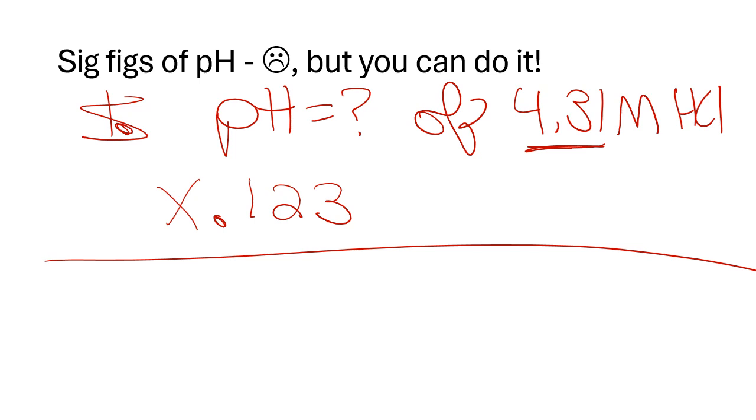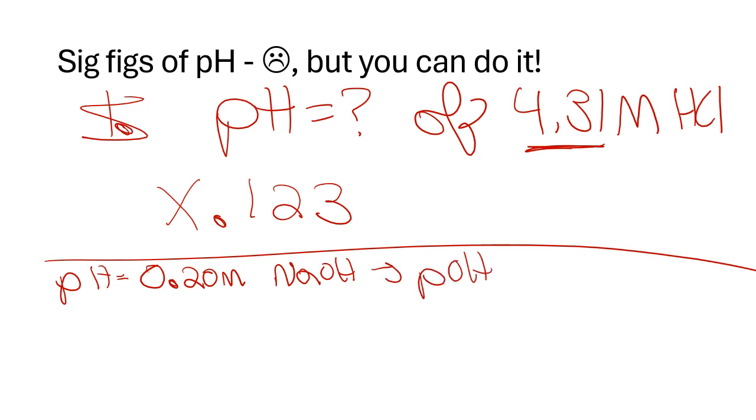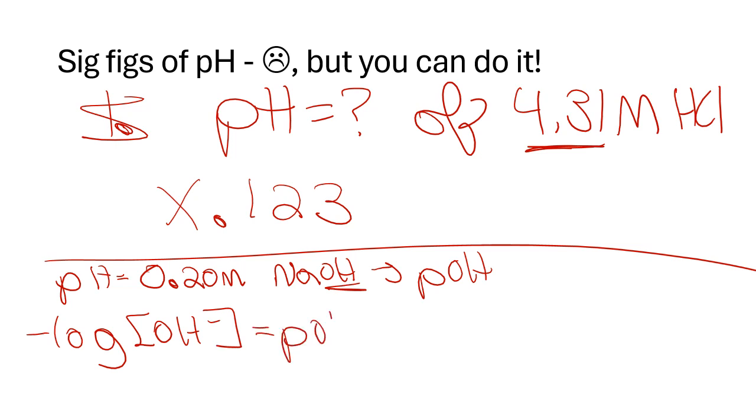So I'm going to do an example here. What is the pH of 0.20 molar NaOH? I'm going to take the negative log of 0.20, and I get the pOH, because this is a base, the negative log of OH minus is pOH.